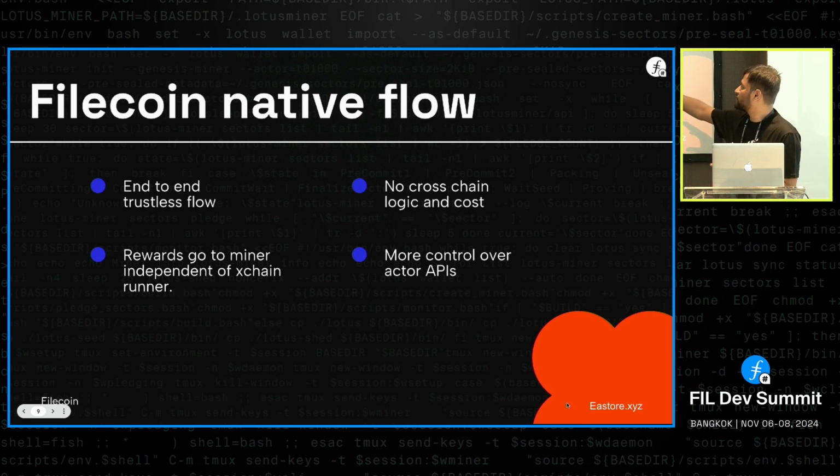It also gives us more control over the actor API. There is no cross-chain call, so it becomes a lot cheaper, and we can directly query the actor call to check whether the deal is live or not. All these features come with the Filecoin native flow, and with time these features would be implemented on cross-chain applications as well.